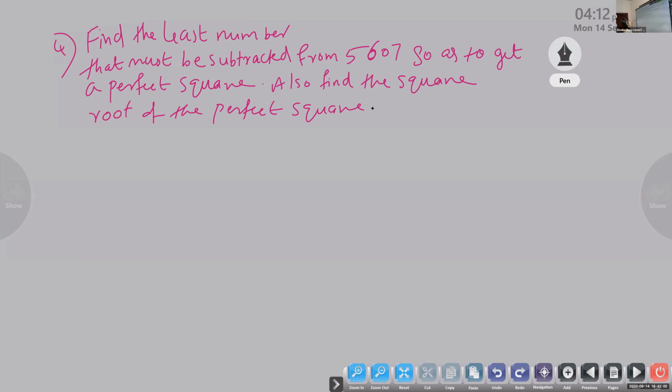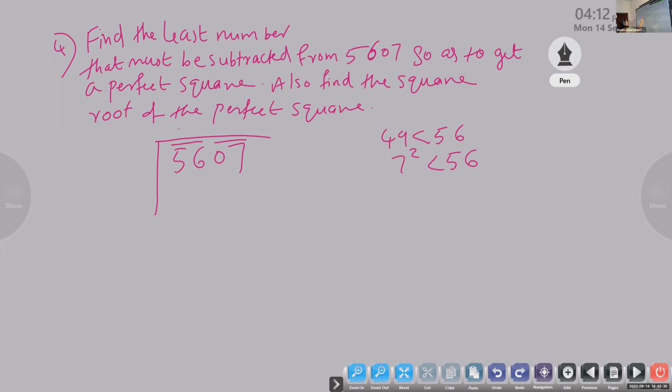I will show you. First of all, you try to get the square root of 5,607. Our usual procedure. Group it. Find a number whose square is less than 56. It is 49. 7 squared is 49, less than 56.